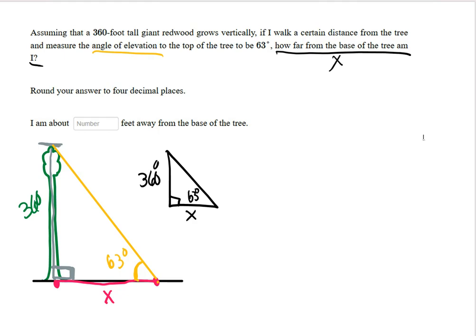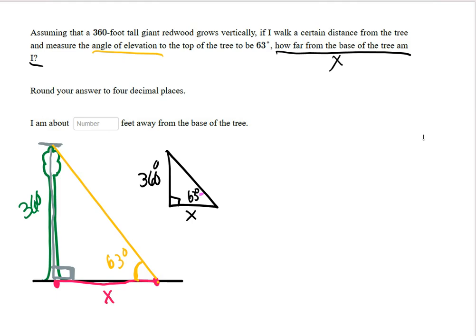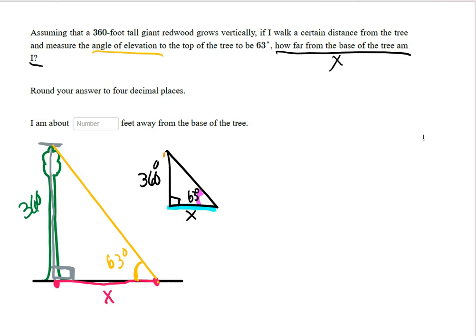That is x. Now, since that's all the information they gave me, I have to use my angle, and based on that angle, okay, so here's my angle. This side here would be adjacent to that one, and this side here would be opposite.